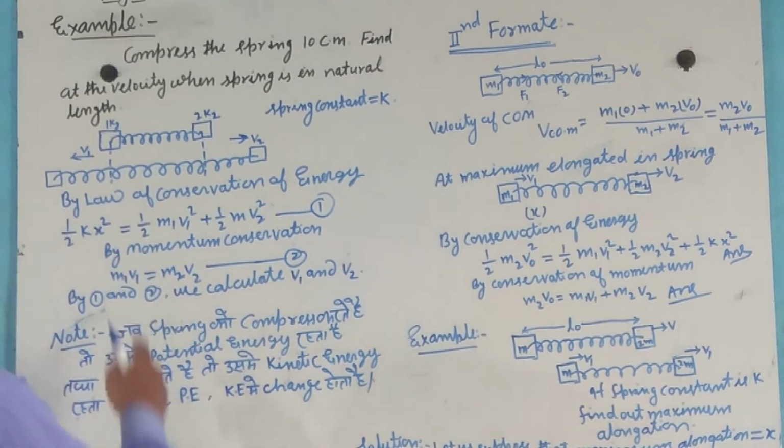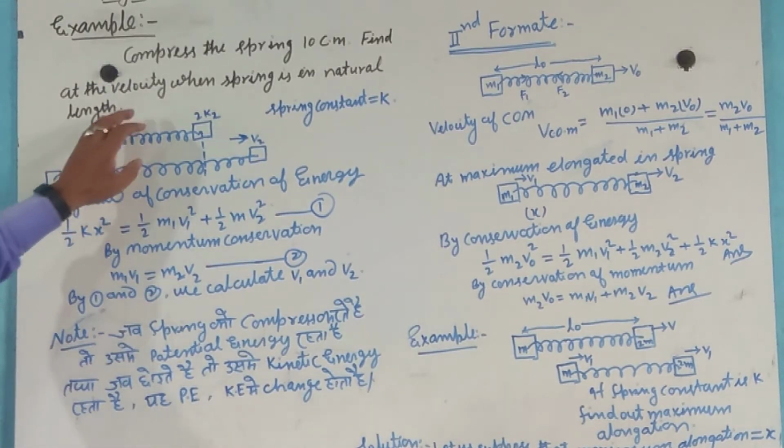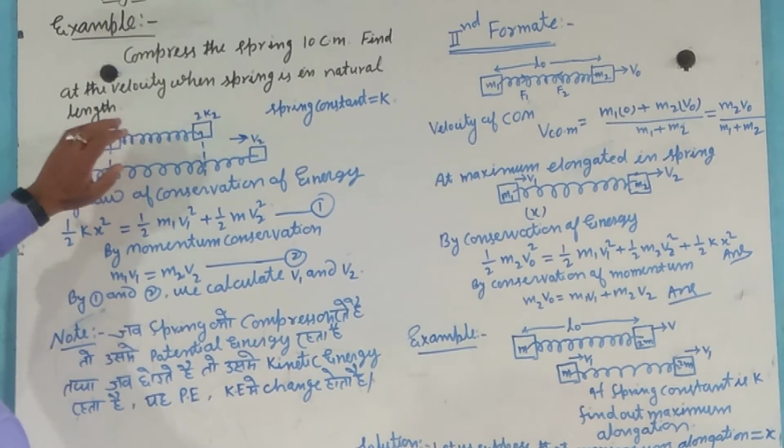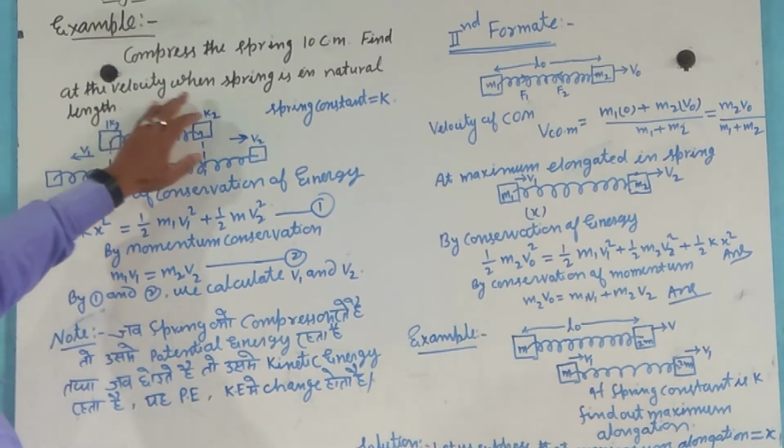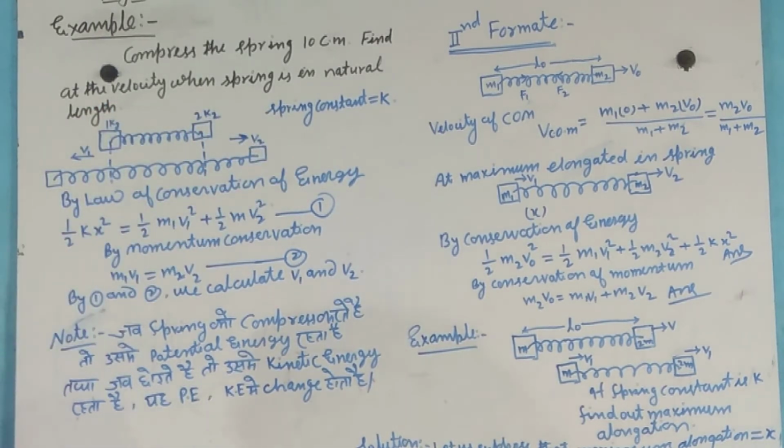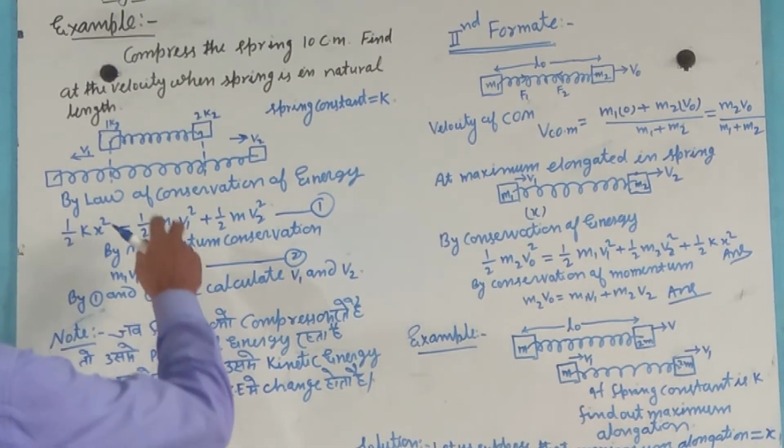Now, in this case, we have to calculate the velocity when the spring is at natural length. If it is elongated, then it vibrates. In this case, we have to calculate the velocity of this spring at the natural length.